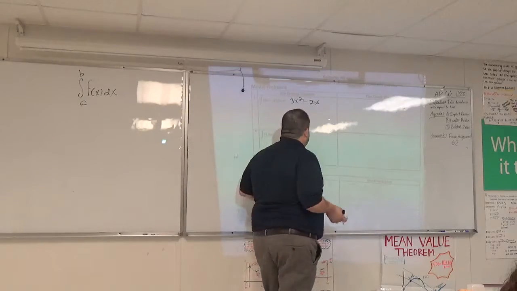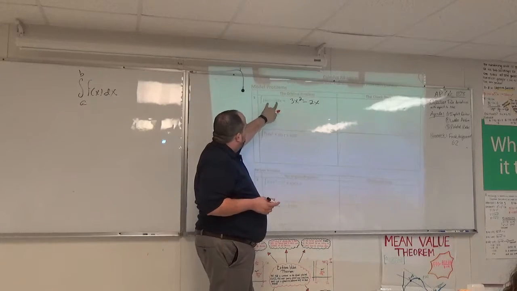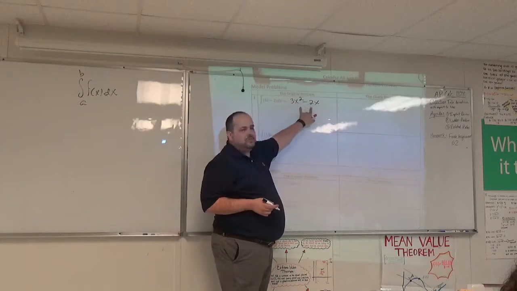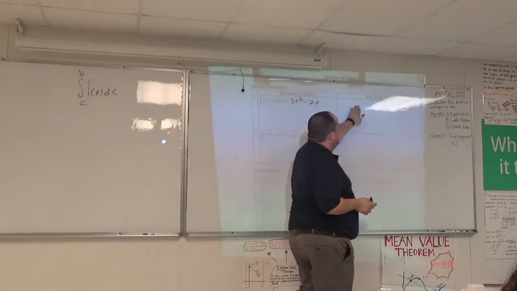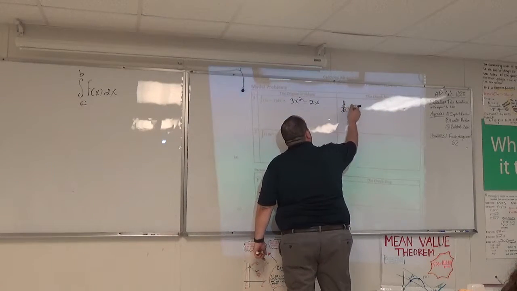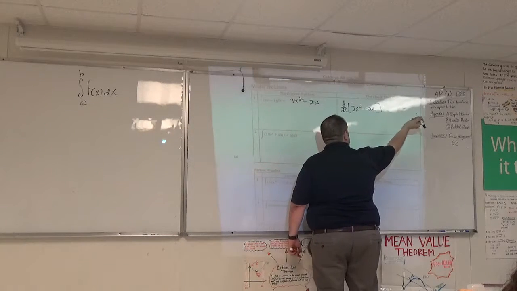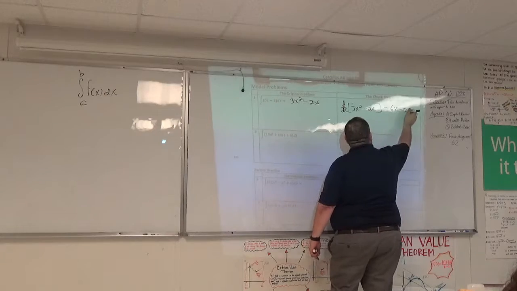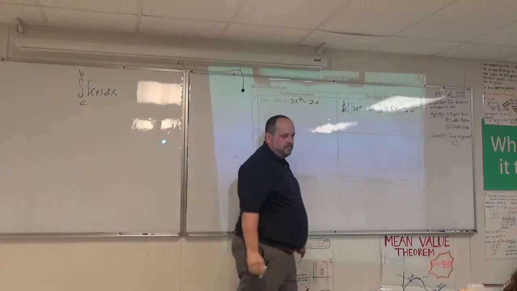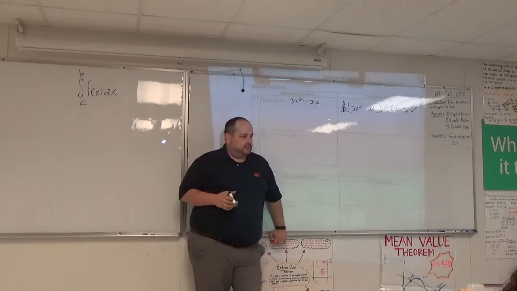David's like, I never did the check step. I know you didn't. If the antiderivative of 6x minus 2 is 3x squared minus 2x, how am I going to check it? The derivative of 3x squared minus 2x. What is that? 6x minus 2. Check, it works. The antiderivative of 6x minus 2 is 3x squared minus 2x.